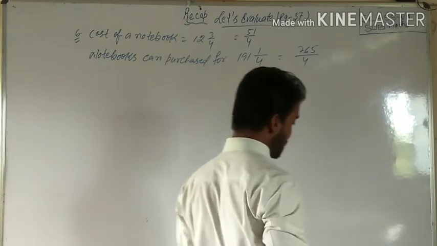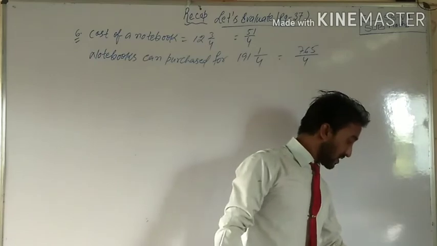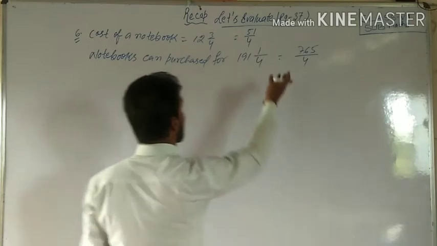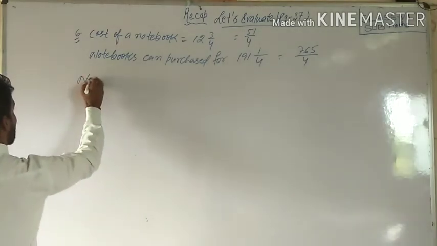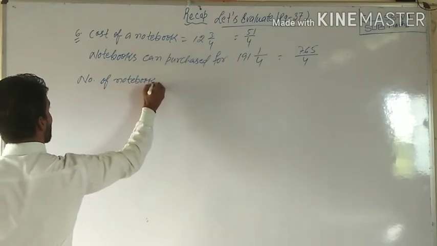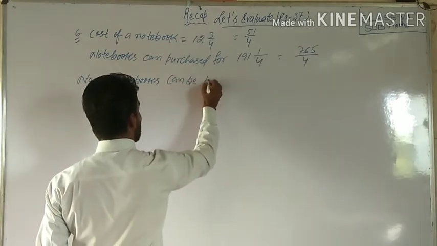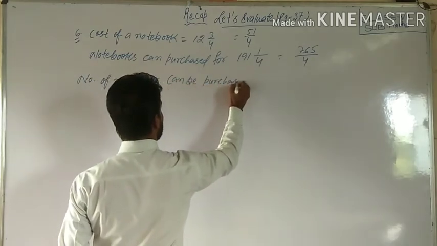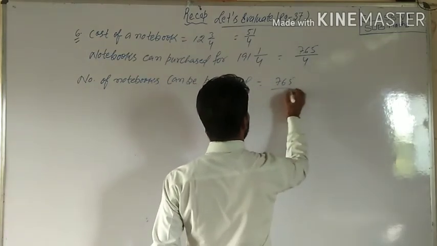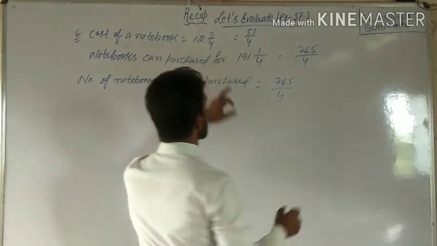Now students, the question says the cost of a notebook is 12 fraction 3 by 4 and it is asking how many notebooks can be purchased in the given amount. So we can say that the number of notebooks that can be purchased is the amount 765 by 4, divided by the cost of one notebook, 51 by 4.